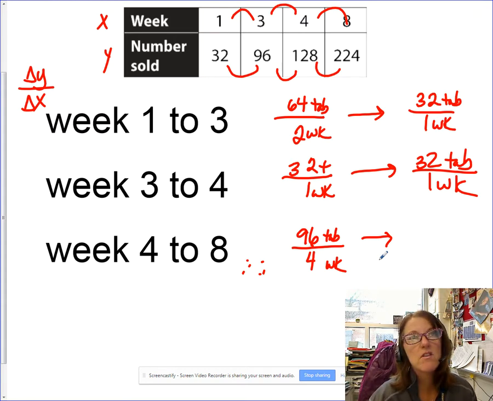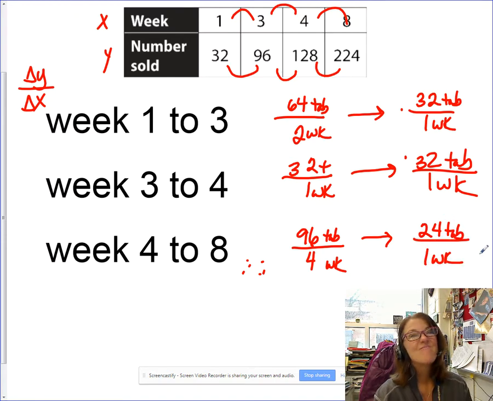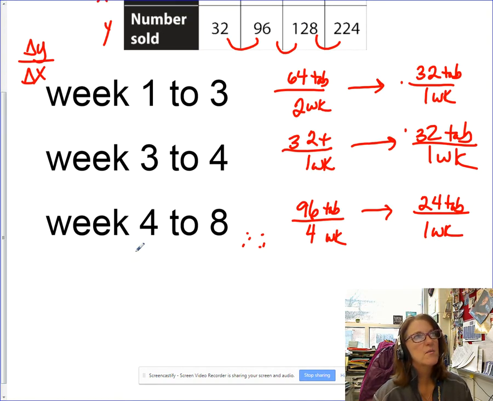Now, lest you think that because this is 32 and this is 32, that this is just automatically going to happen. Afraid not. Because when you divide this, you're only going to get 24 tablets per 1 week. If you went and graphed this so you could actually see what it looks like, you're coming along from week 1 to week 3.